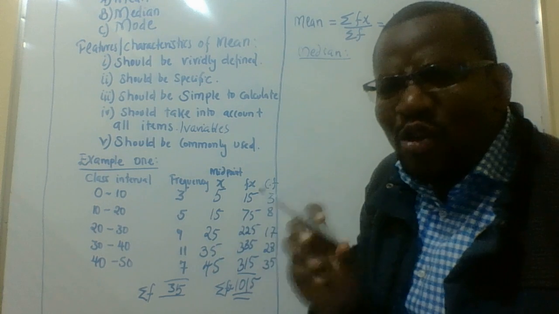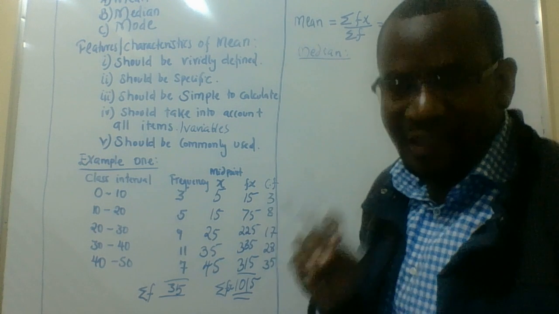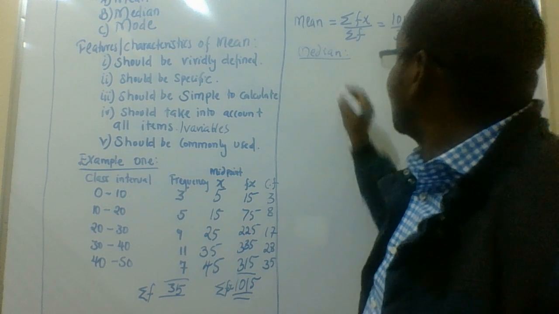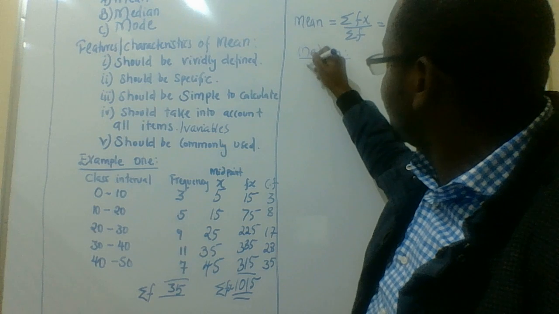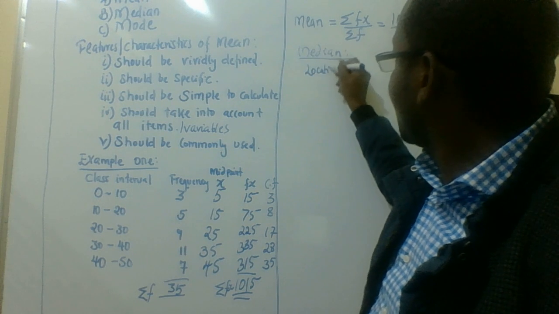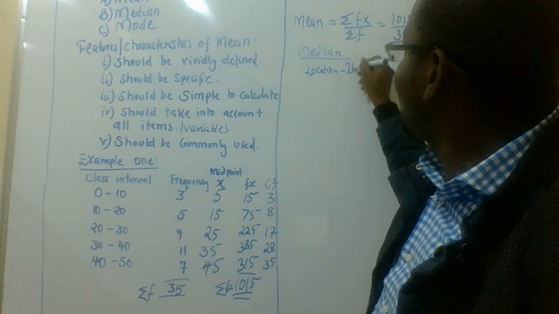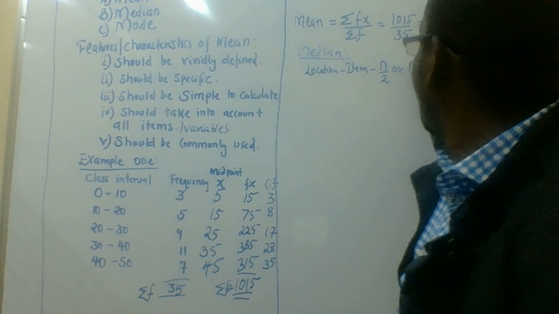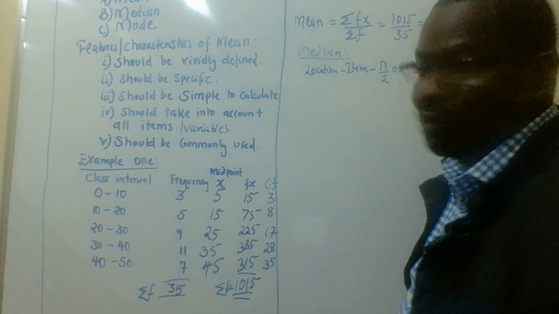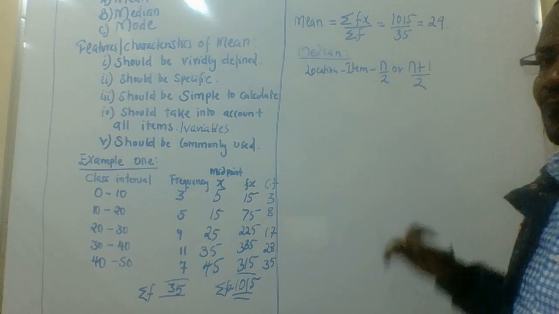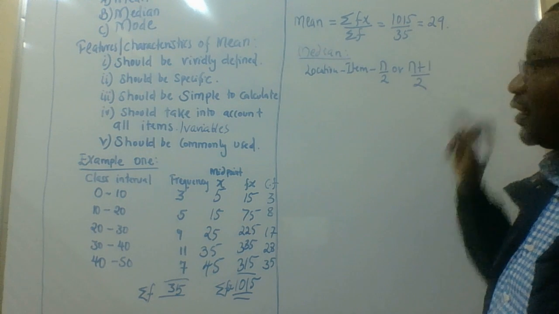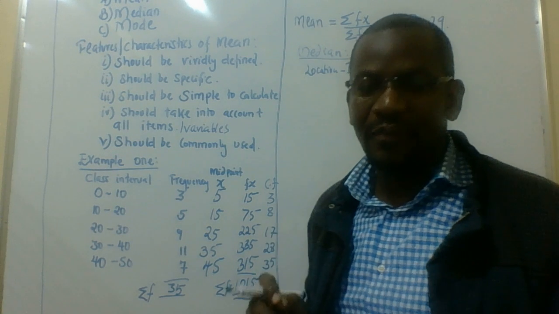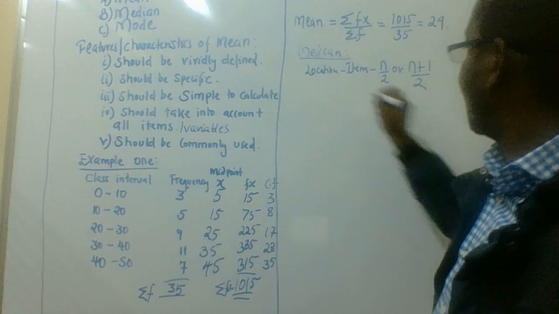But we must get the location where the median is located. Where is the median located? The location is just a matter of item, which is n over 2 or n plus 1 over 2, where n is the total frequency.